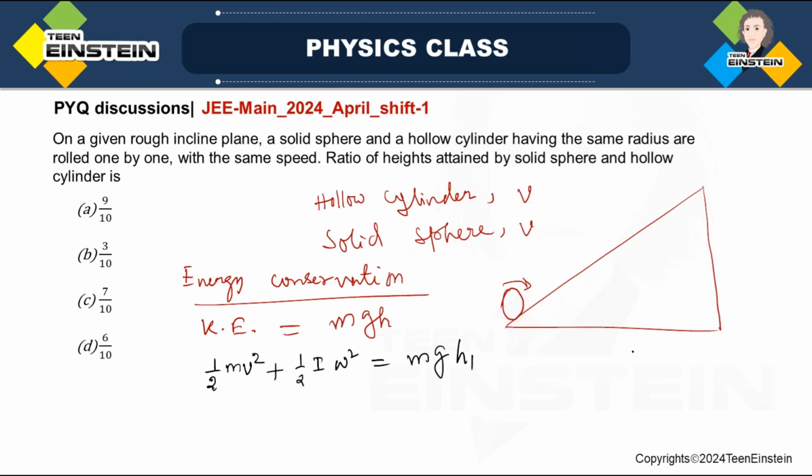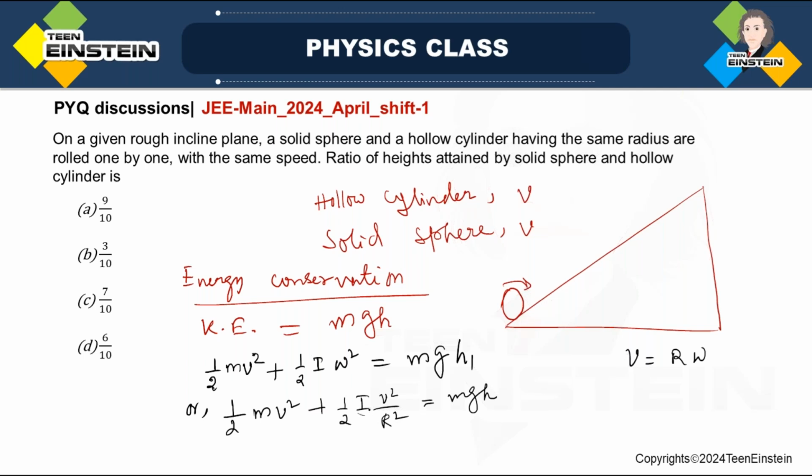Now we know the speeds given are same, and for rolling motion without slipping, v is equal to r omega, so omega is equal to v by r. Then I can simplify: half mv square plus half I v square by r square is equal to mgh1.